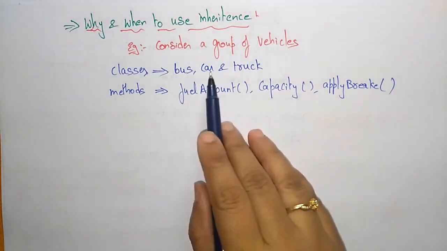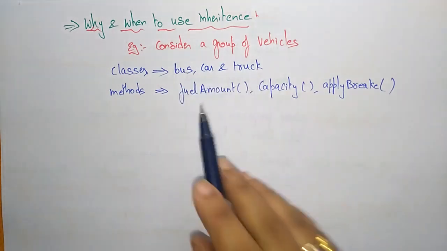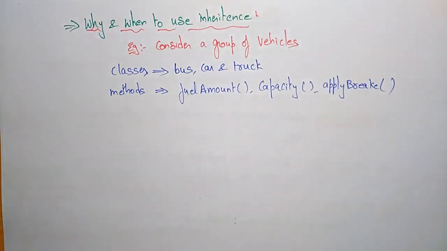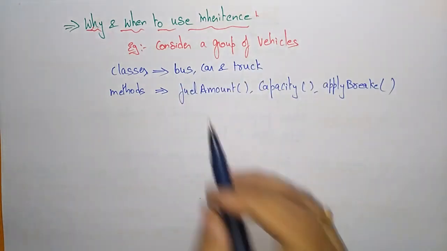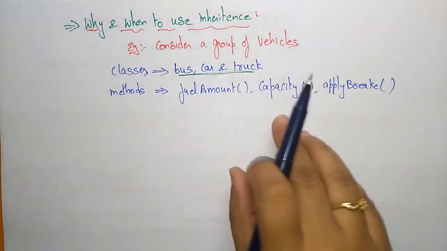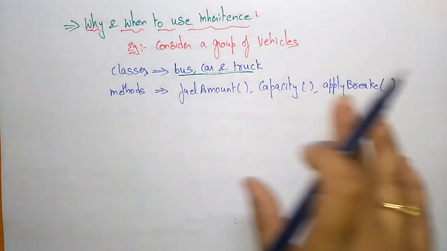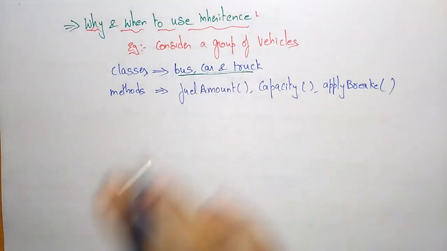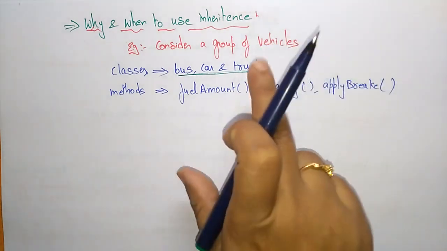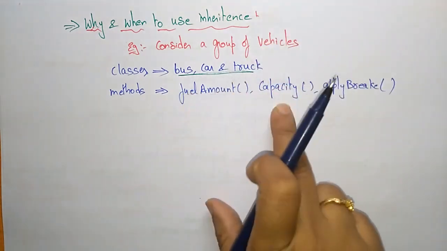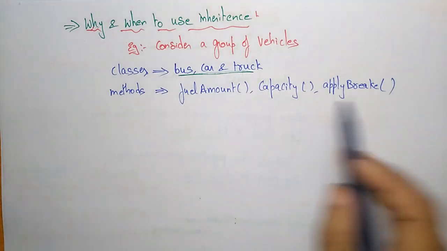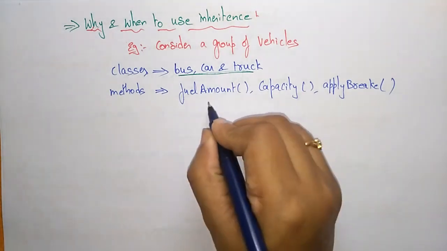This is a vehicle, and this is a vehicle, and this is a vehicle. So these three methods, fuel amount, capacity, apply brakes, are common for all three classes. Bus has the fuel amount and capacity and also applies the brakes, as well as car, and truck also has them. So these three methods are the same for three classes.